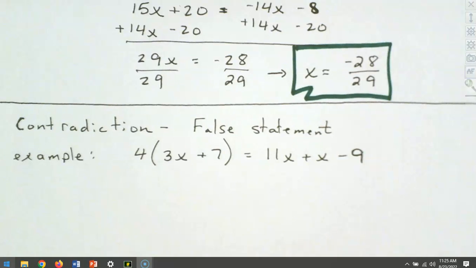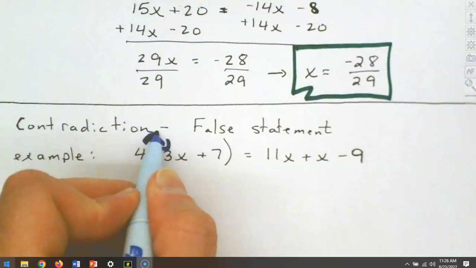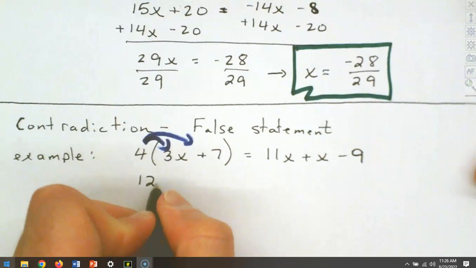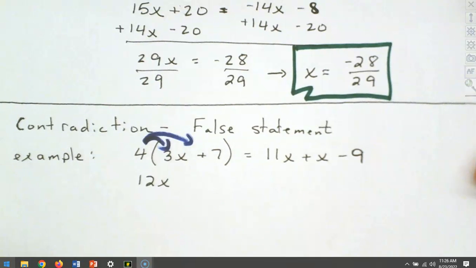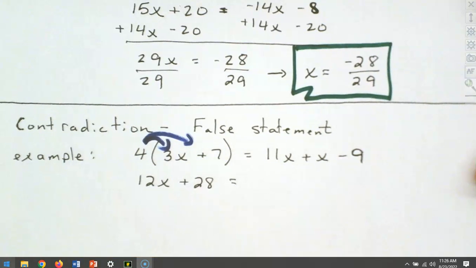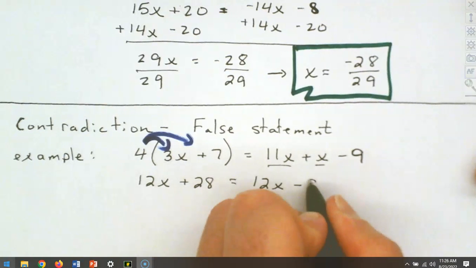So what do we do? I begin by distributing that 4 through. So 4 times 3, that makes it a 12x. And 4 times 7, well, that's a 28. On the right-hand side, we have an 11x and another x. That makes it a 12x and a minus 9.